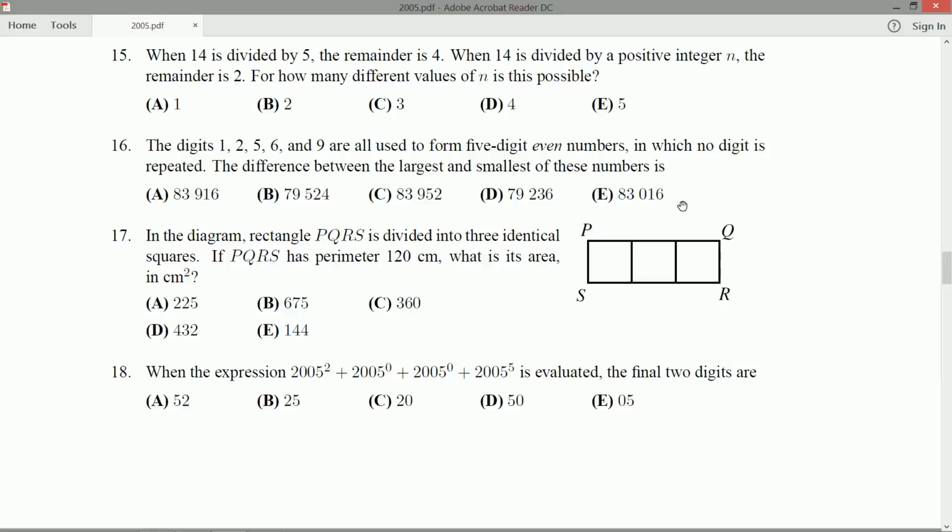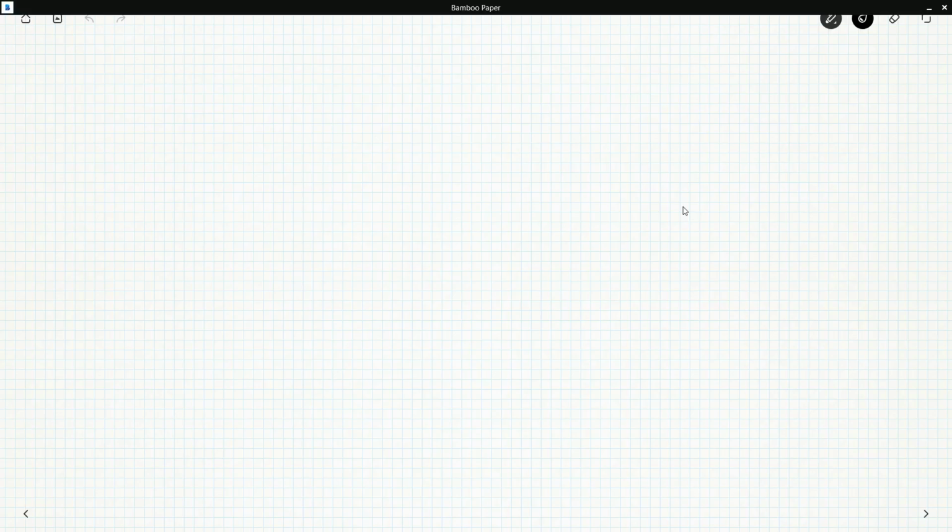Okay, so we need to have even numbers. Even means you can divide by 2 and get no remainder. To be an even number, we must end with an even units digit.